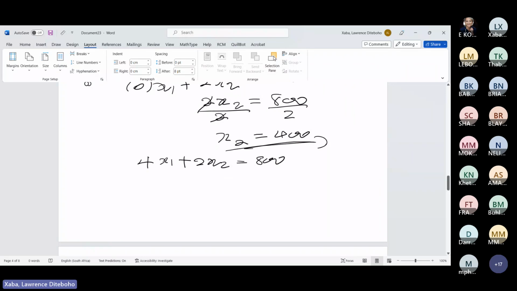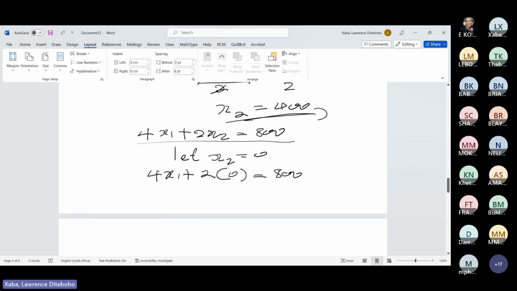Now our interest is to know what is the value of x1. So if we want x1, we say let x2 equals to 0. Where we see x2 in this above equation, we replace it by 0. So we have 4x1 plus 2 times 0 equals to 800 rand.